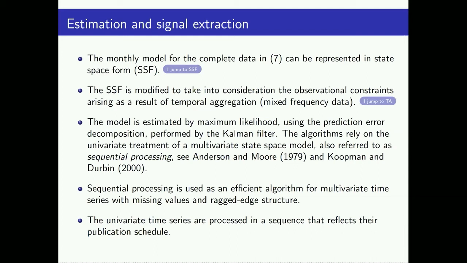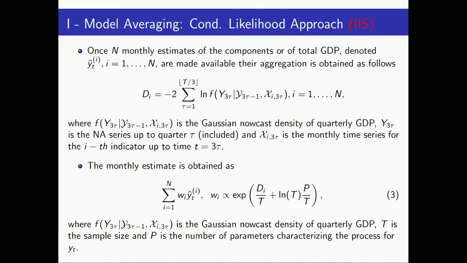But what I want to stress a little bit is the second step of the procedure, that is related to the weighting scheme of our model. And in particular, we are considering, as said at the beginning, two different strategies. The first is the in-sample approach, and the second is the out-of-sample approach.